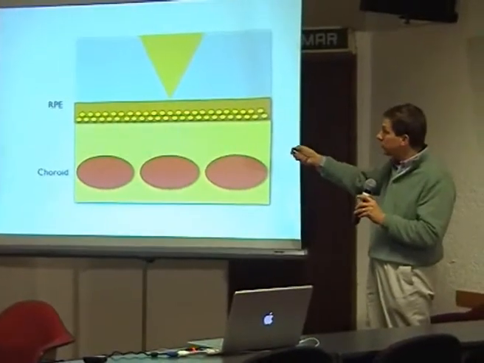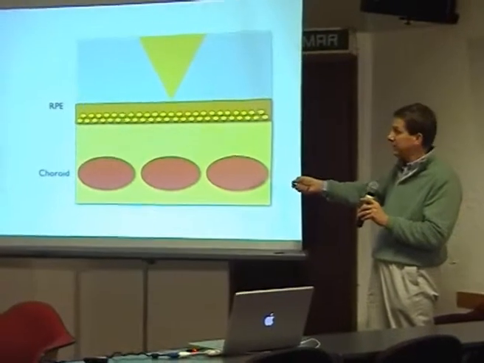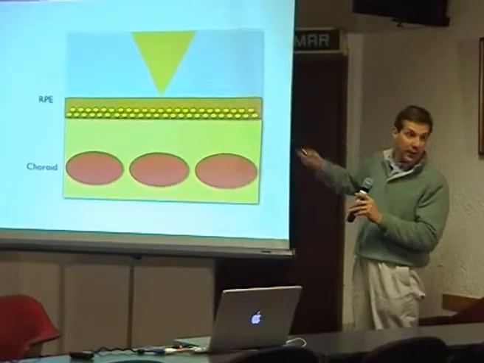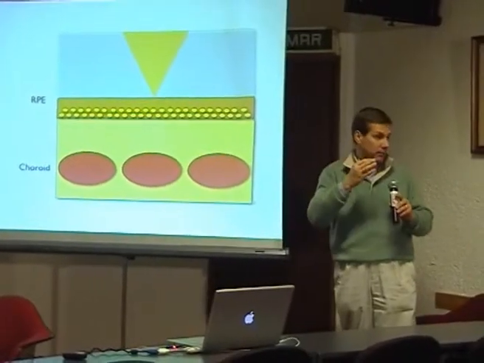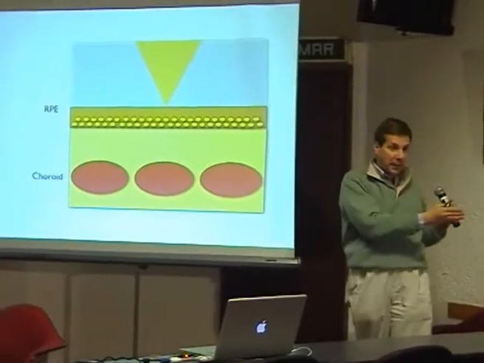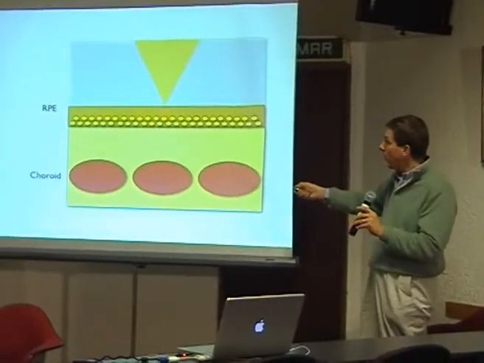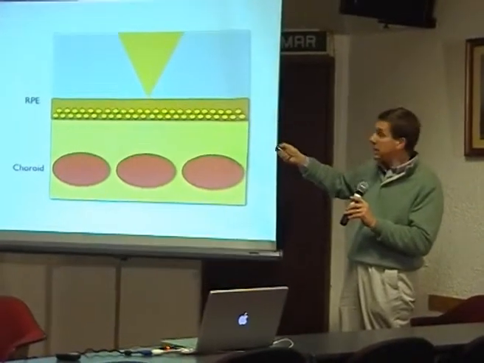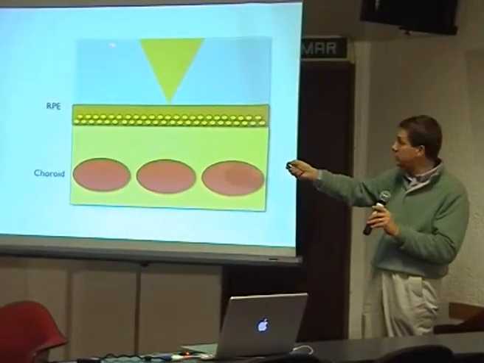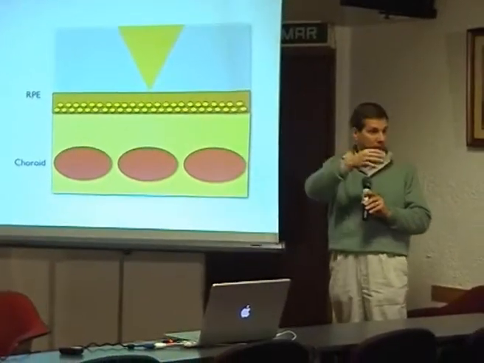With autofluorescence, you project a light, and this light creates another light that comes back and gives you an image. So it's not the same light that you project, but another light. So the difference is that you have one way for autofluorescence or any fluorescence image, and you have two ways for a reflective image.